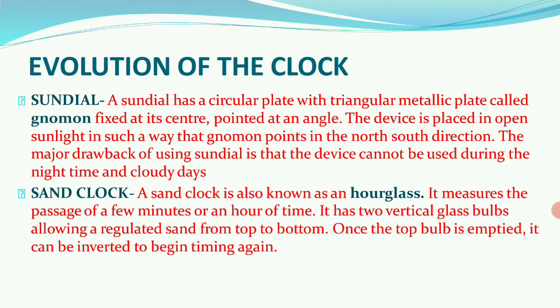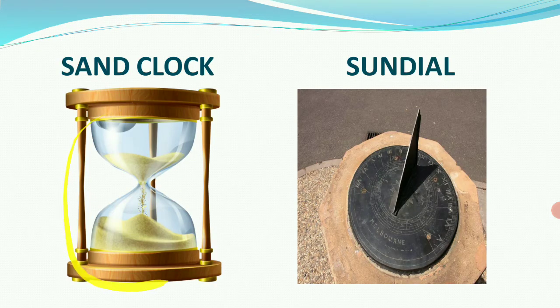It has two vertical glass bulbs, allowing the regulated sand from top to bottom. Once the top bulb is emptied, it can be inverted to begin the time again. So this is sand clock. If this sand is emptied from the top, again it is inverted, and it is used for measuring few minutes or 1 hour.